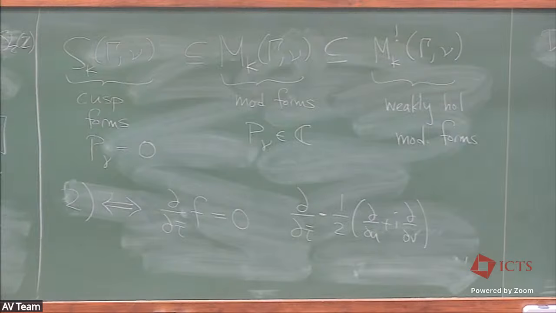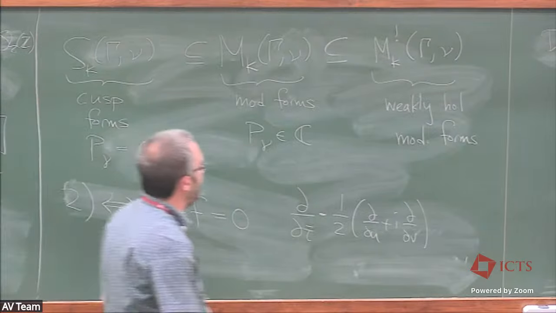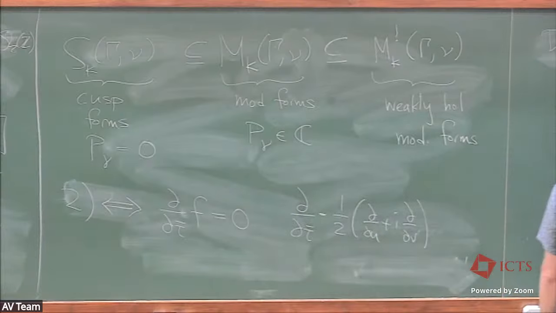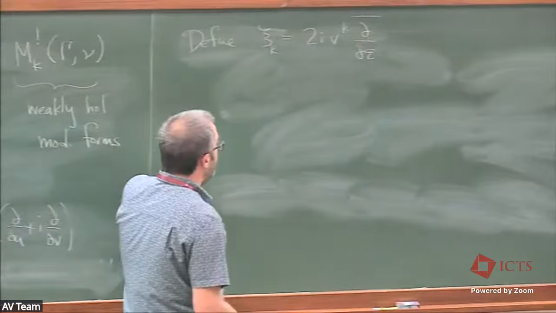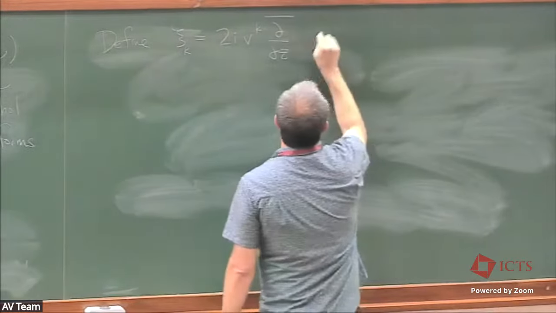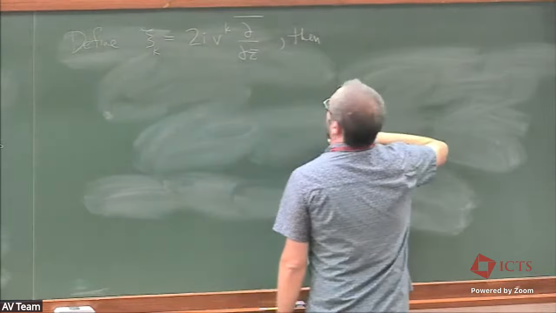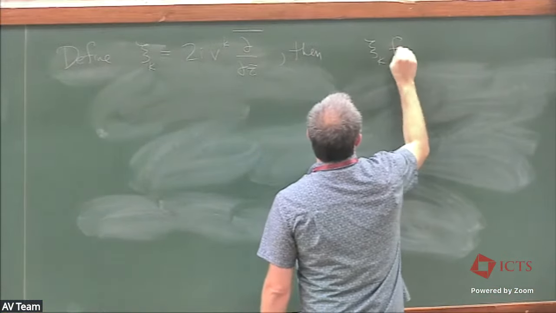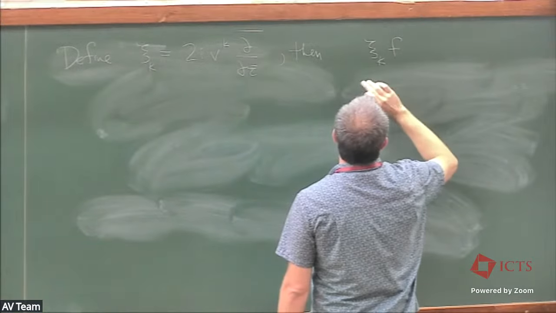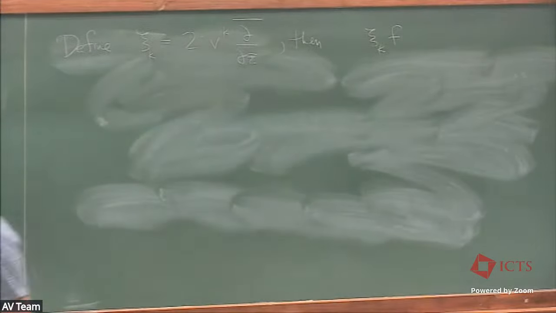Okay, so this operator, this xi operator, this v^k is here so that the xi operator plays nicely with the slash operator. So I'll tell you what that means. So xi_k of f, xi_k, okay, I'm definitely going to mess this up if I don't look at it.